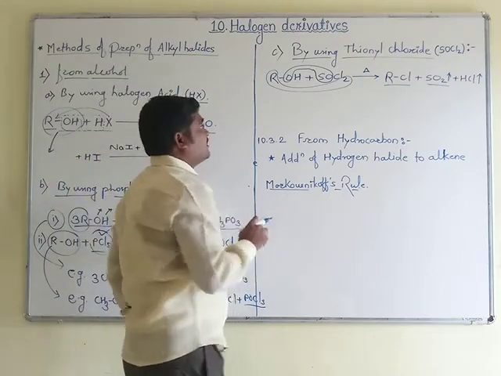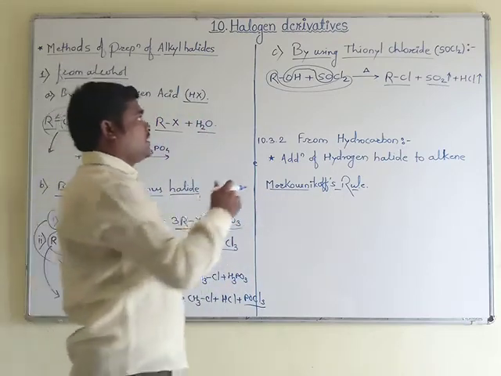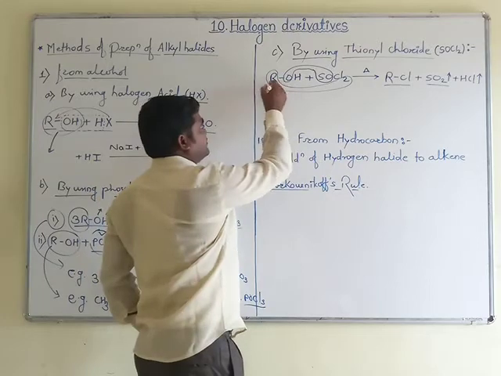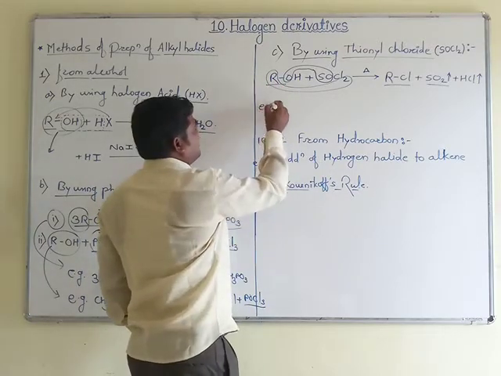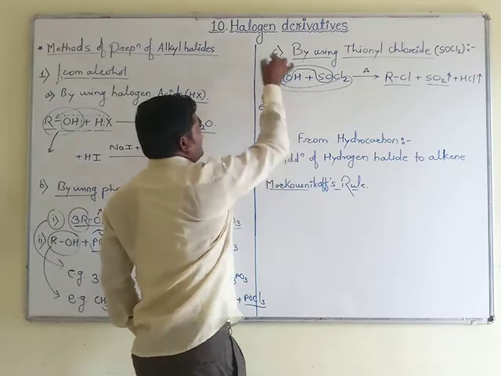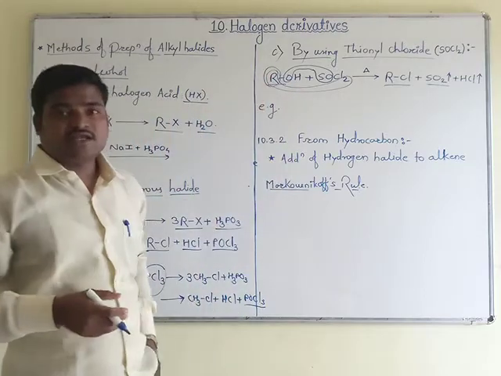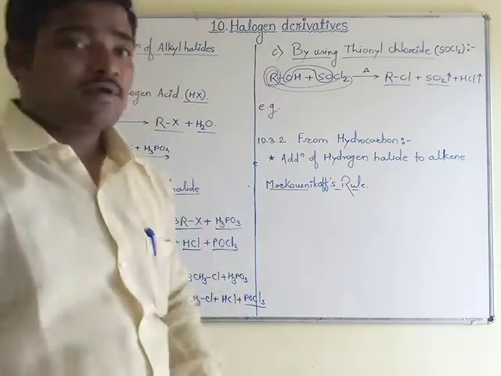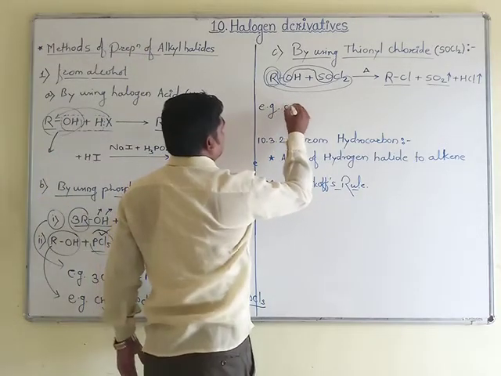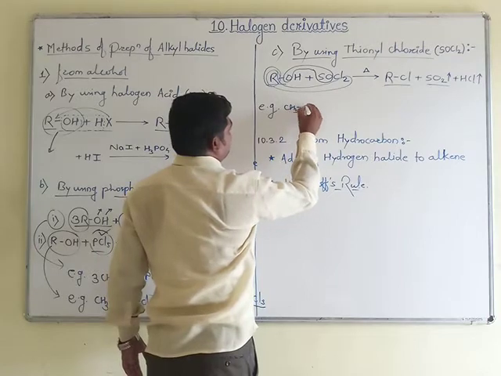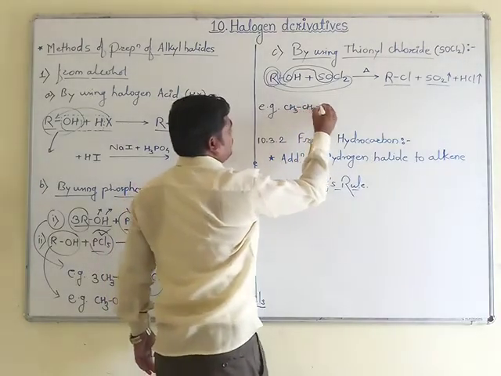And if we take another example of it, this one is the general reaction. And if you look at its example, in place of the R group you can replace any alkyl group. Here I will take the example of the ethyl group, that is CH3CH2OH.